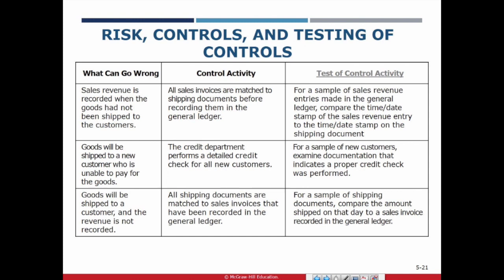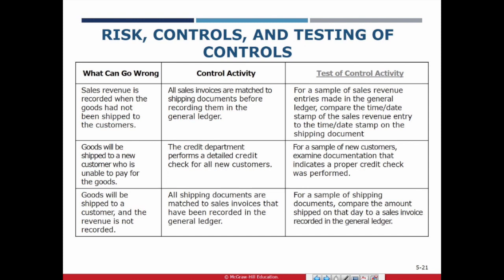Completeness, right. What's the difference between that and the first one? Understatement versus overstatement, right? If the goods shipped, if you start with shipping documents, the goods shipped, that says that it should be recorded. It's valid, revenue has been earned. So we should see it in the sales journal. And if it's not in the sales journal, then it's not complete. That's understatement. So again, all shipping documents are matched to sales invoices that have been reported in the general ledger.